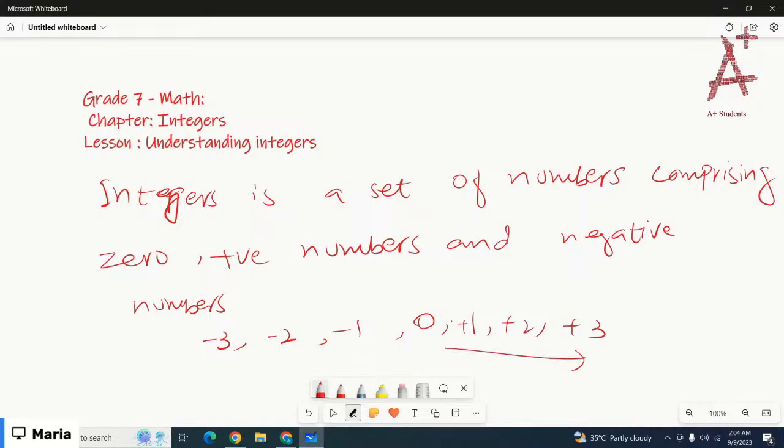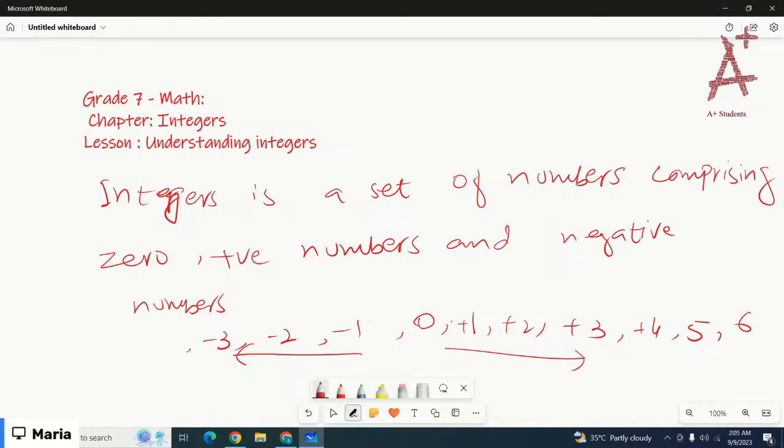On the right hand side of the 0, you have all positive numbers, and on the left hand side of the 0, you have all negative numbers. As positive numbers increase one by one, each next number is greater than the previous one. After 4, you have 5. 5 is greater than 4. Then you have 6. 6 is greater than 5.